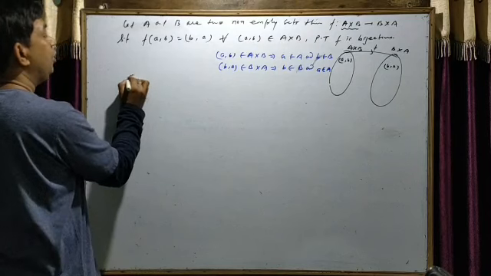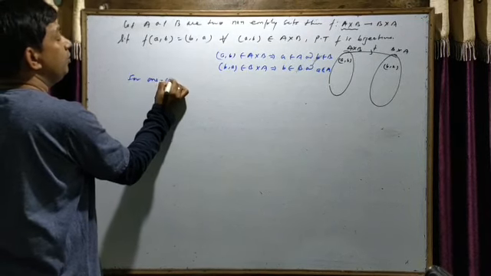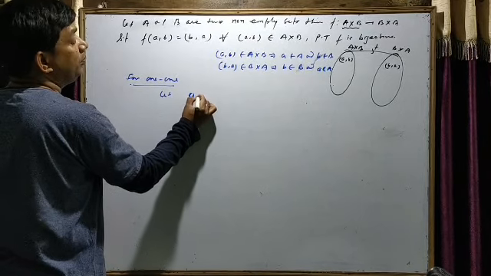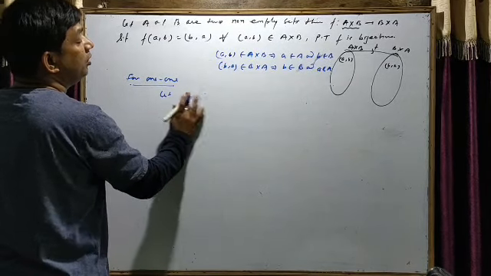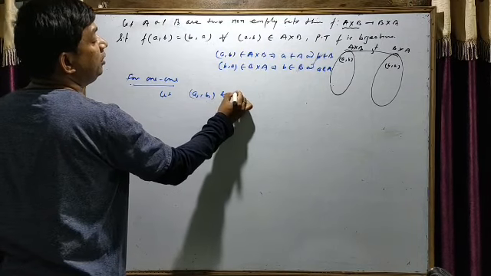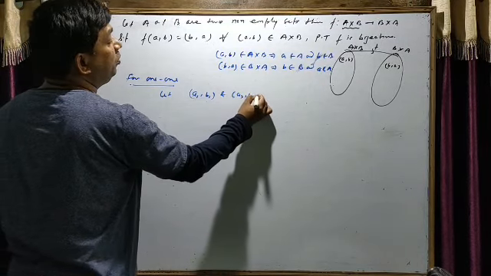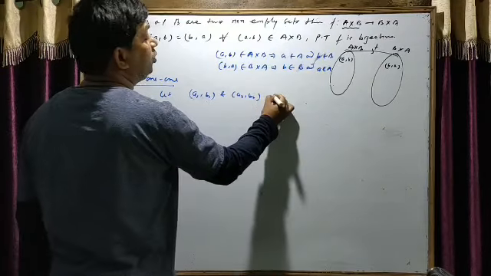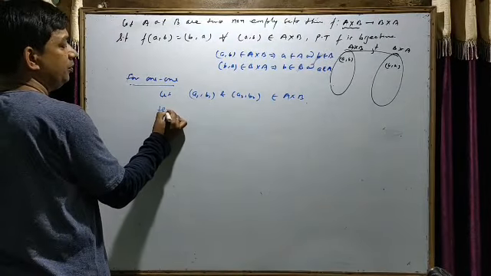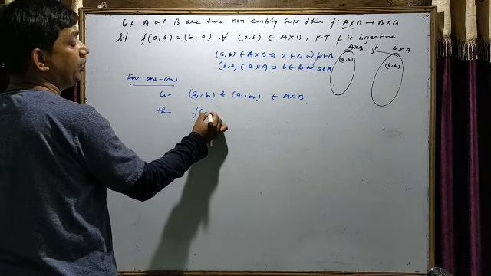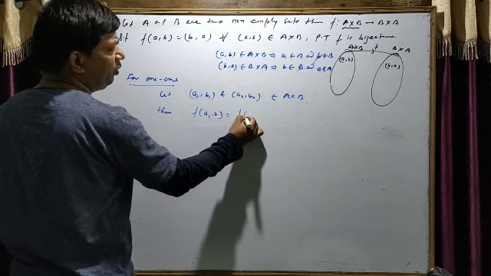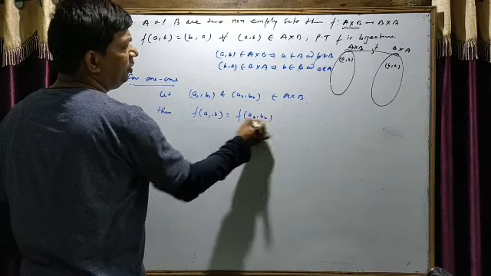Now for one-one, let (a1, b1) and (a2, b2) belong to A cross B. Then images should be equal. f of (a1, b1) equal to f of (a2, b2).